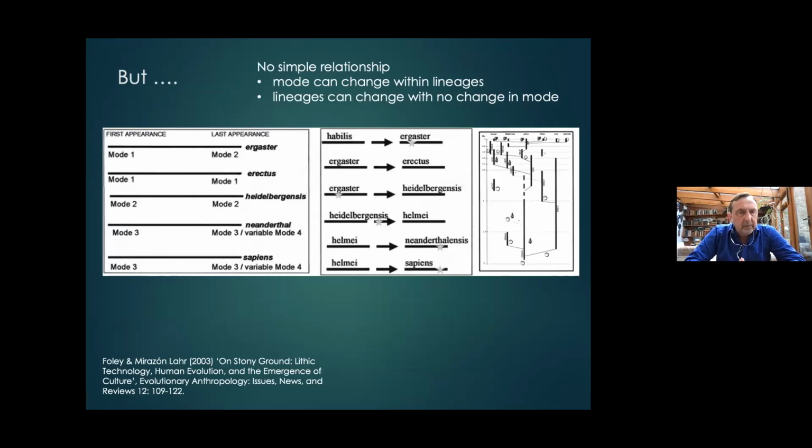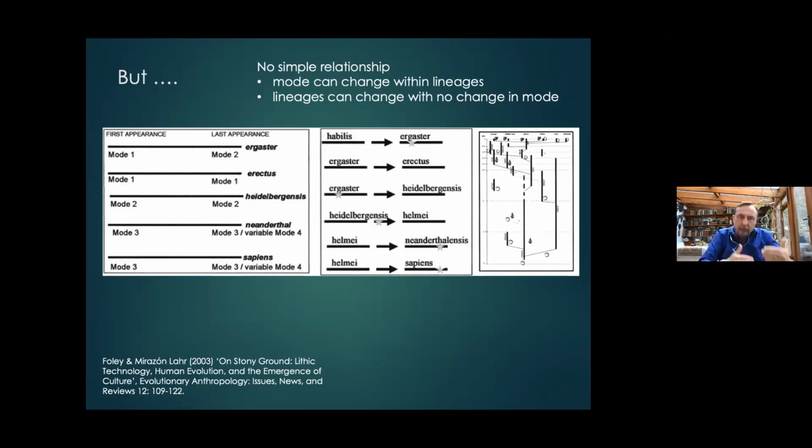So what we did in a later paper was to plot out the relationship. If you take the left-hand box there, we can follow the transitions from mode 1 to mode 2. We can look at particular lineages, and so you can say Ergaster, on the current evidence, begins making mode 1, and during the course of its evolution mode 2 develops. So there you've got a change within a lineage. If you take Erectus as the Asian group, it starts with mode 1 and it's still making mode 1 many hundreds of thousands of years later.